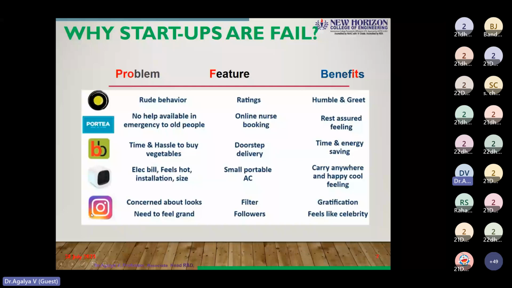Then Instagram. I would like to ask everyone a question: how many of you do not have a social media account? I think nobody is raising a hand. Everybody has one social media account or another. So these are the advantages for social media owners, and the weakness of the customers.